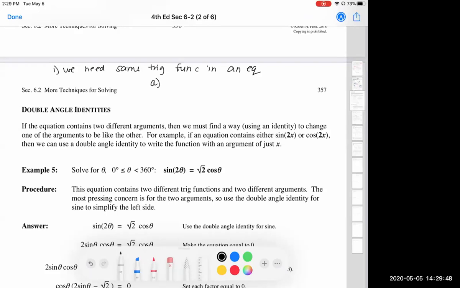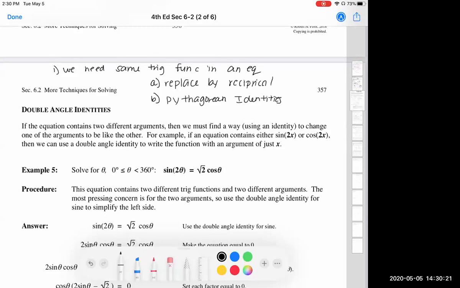One of them is we can replace by the reciprocal, if that's an option. Sometimes it might not be an option, but we saw that with tangent and cotangent, and with secant and cosine. Another option is to use your Pythagorean identities. That might be an option.